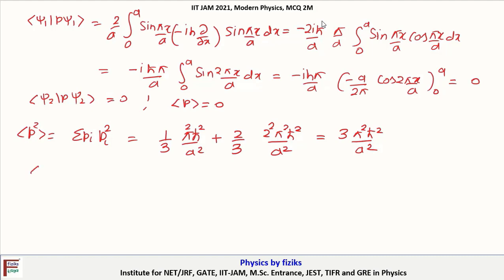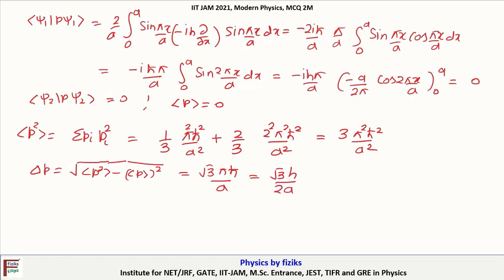So delta p would be the root over average p square minus the square of average p, which gives us root 3 pi h cross by a, which can be written as root 3 h by 2a or 2L.